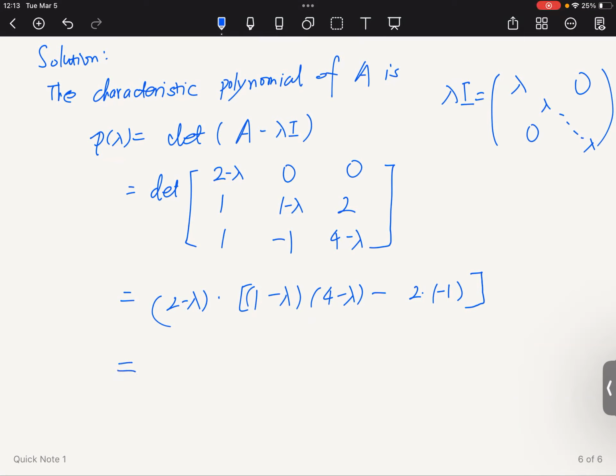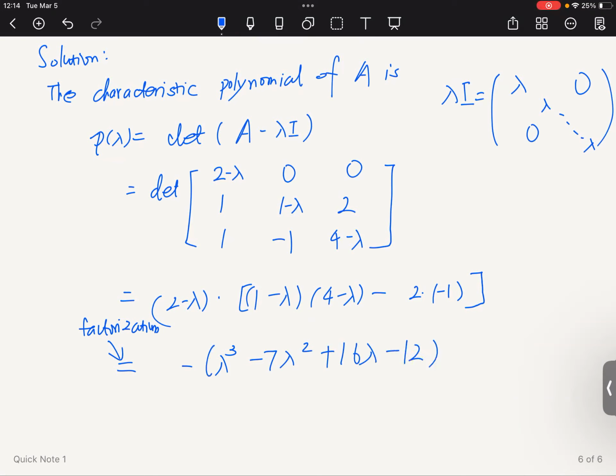So after some factorizations, you would have, so here, if you just expand it out first, then this equals negative lambda cubed plus 7 lambda squared, and then minus 16 lambda plus 12.